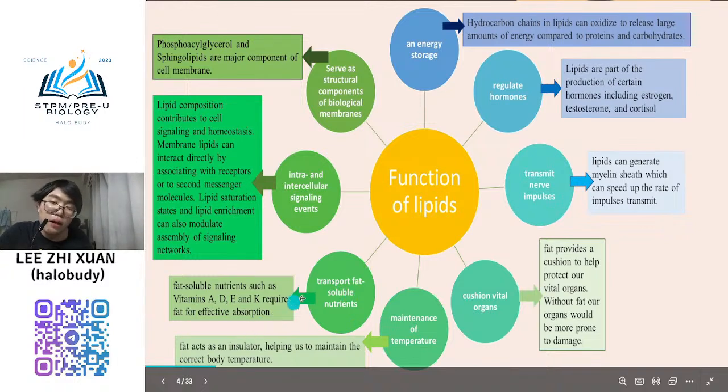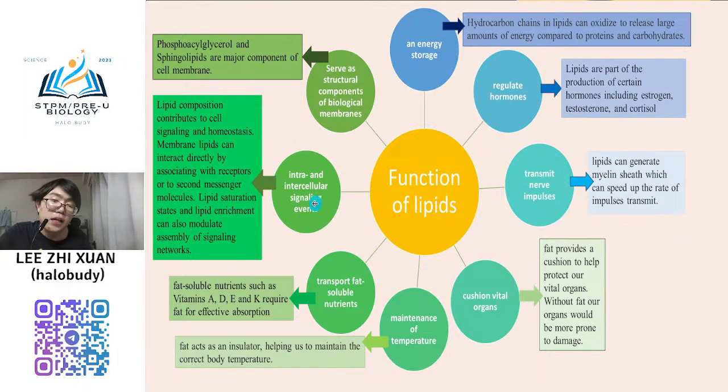And then this one is transport of fat-soluble protein, okay, and then intra and intercellular signaling events. So normally this one can act as the receptor lah. And the final one is serve as structural component of biological membrane. One of the examples is phospholipid lah.